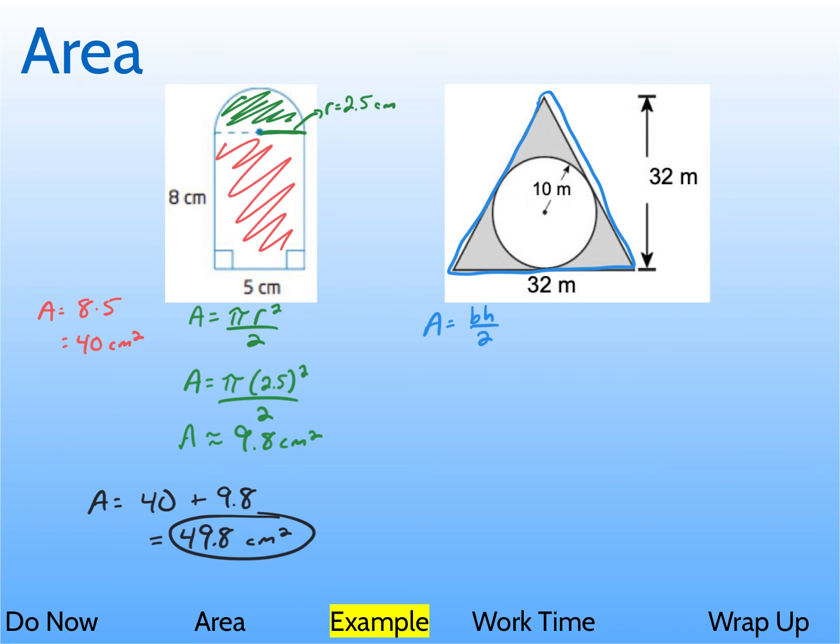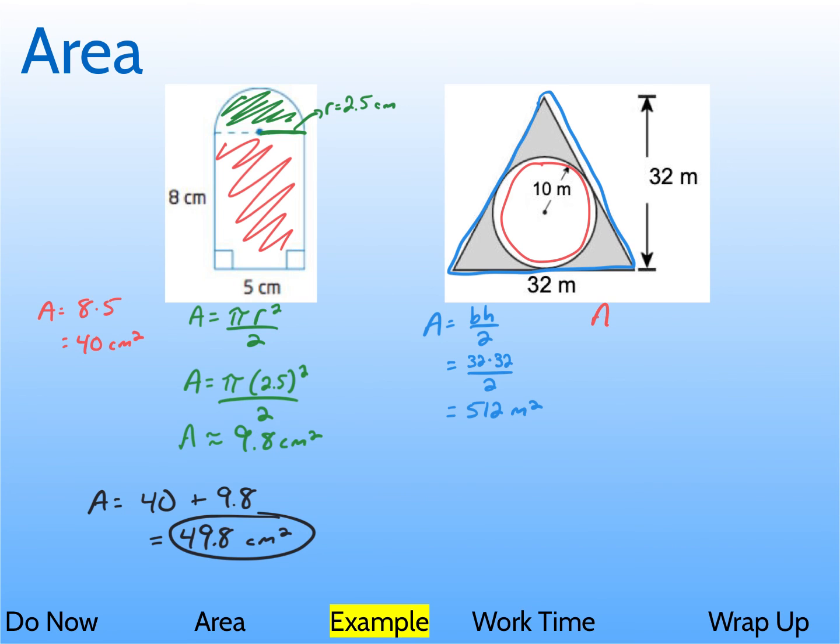So what we're going to do for that is the base and the height are both 32. If you look at this, here's the base, there's the height. So you just plug that in. We get 32 times 32 divided by 2, which if you do all of that, gives you 512 square meters.